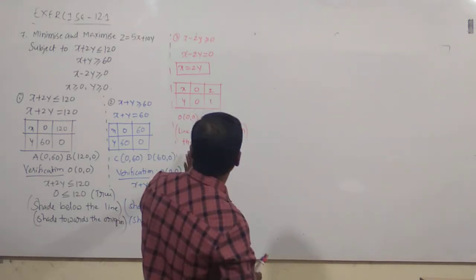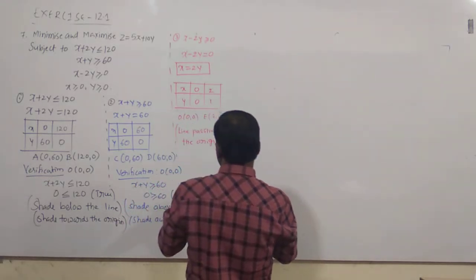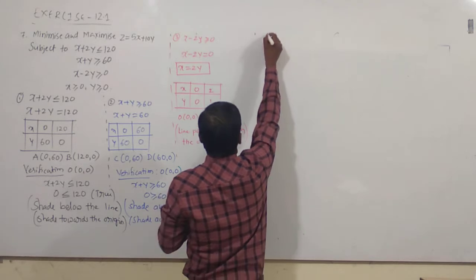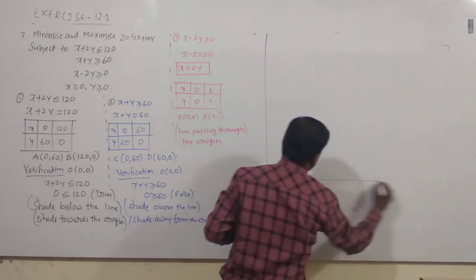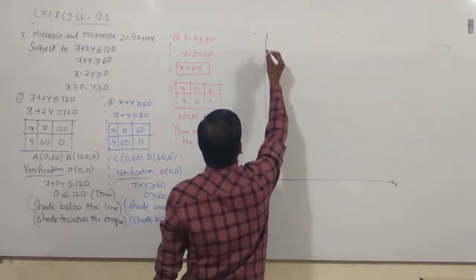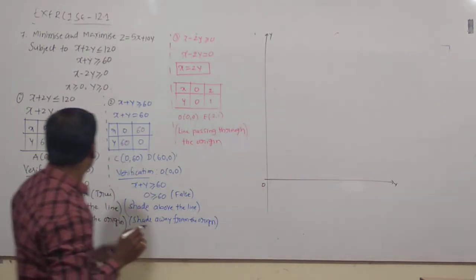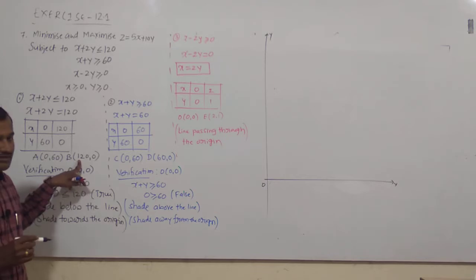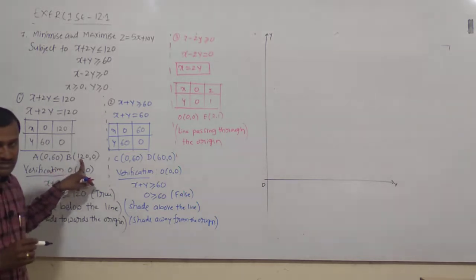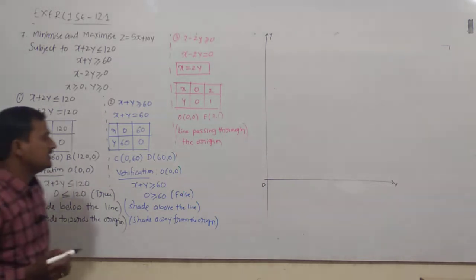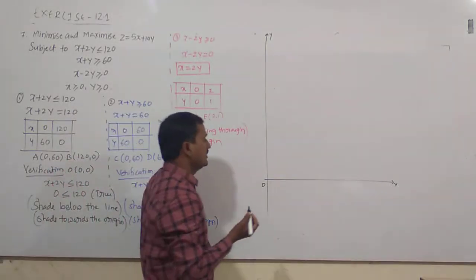Now we will draw the graph: x-axis, y-axis, and the origin. The maximum point on the x-axis is 120.